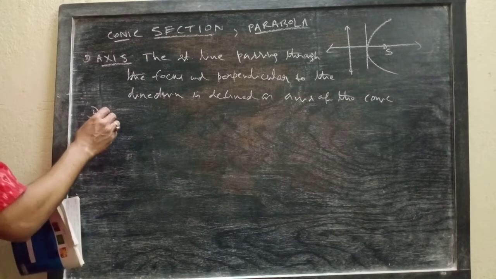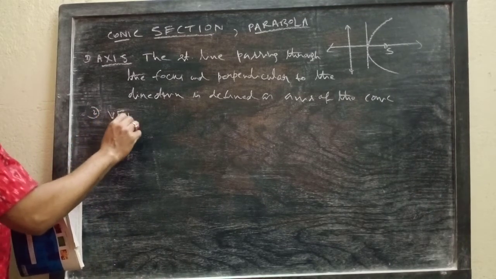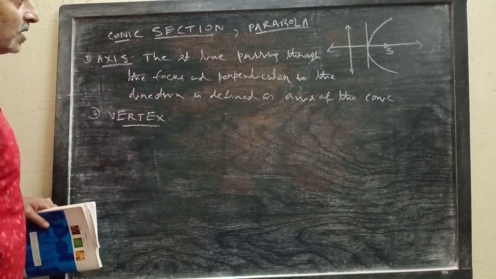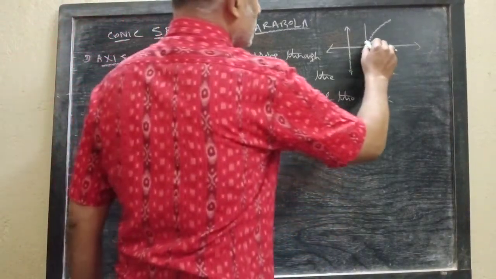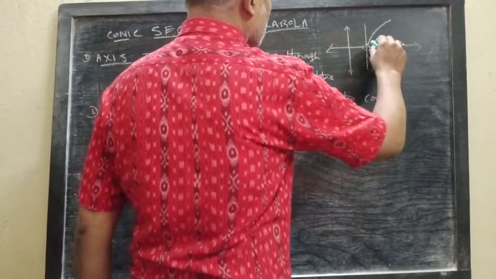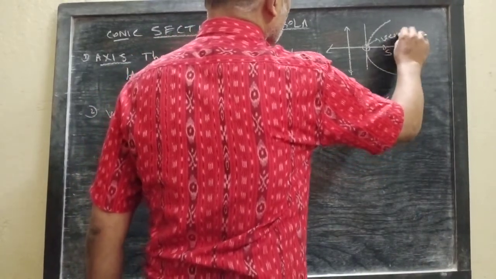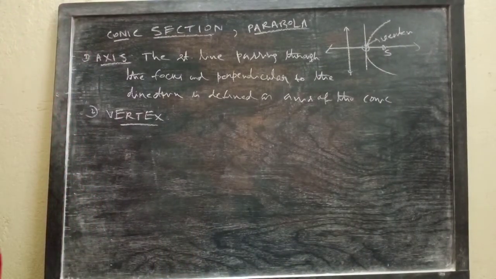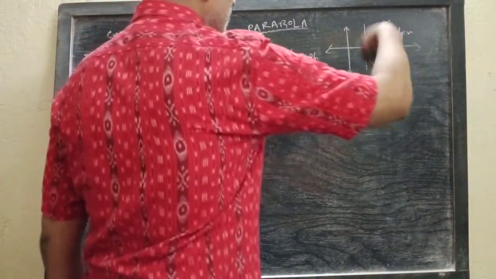Number 2, vertex. What is vertex? This point is called vertex. How does this point appear?